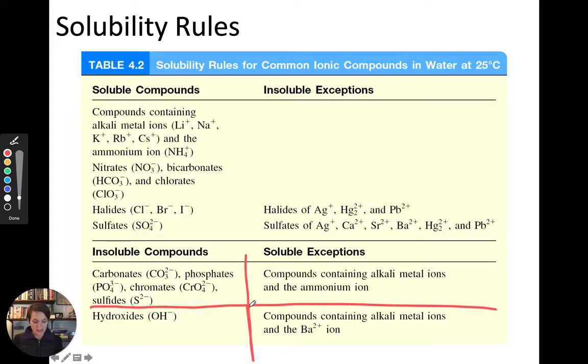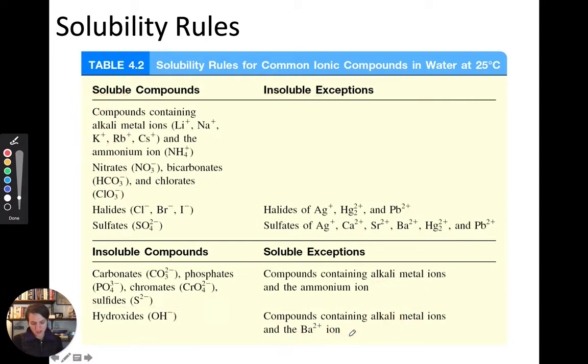But notice if they're paired with an alkali metal or the ammonium ion, they are soluble. Which makes sense, that's a rule right here, right? Alkali metals, ammonia, soluble, no insoluble exceptions. Hydroxides are going to be insoluble unless they're with alkali metals and also the barium ion.